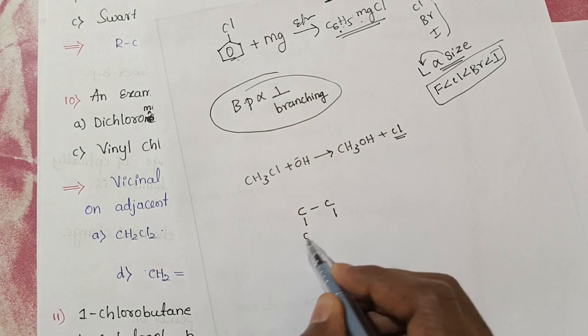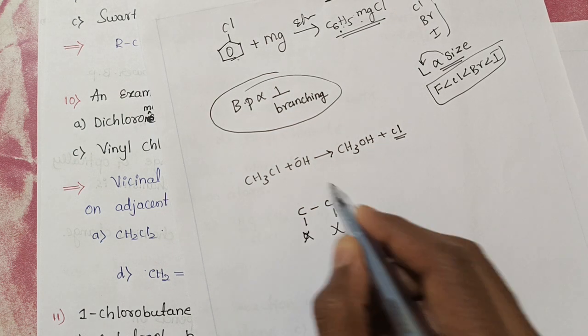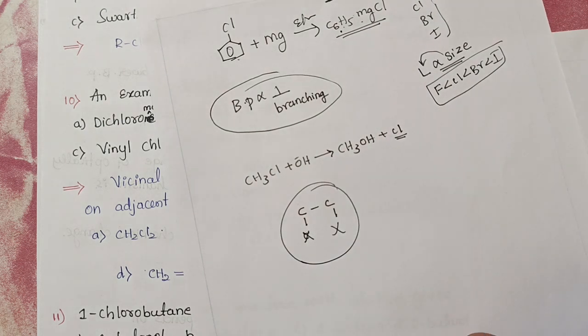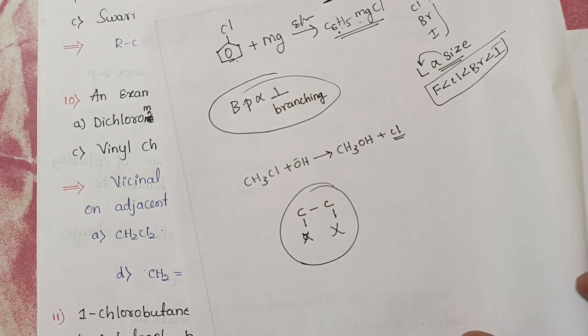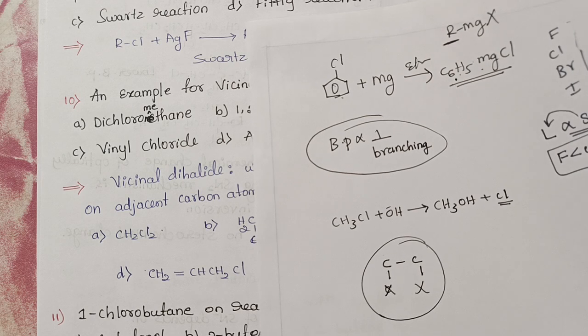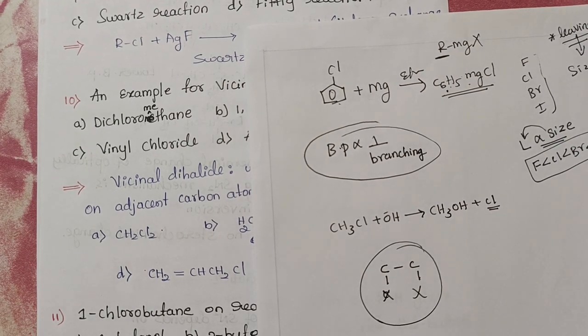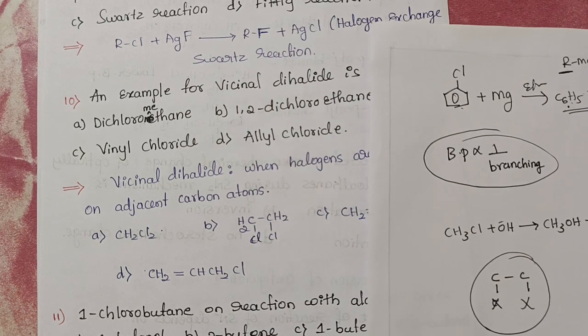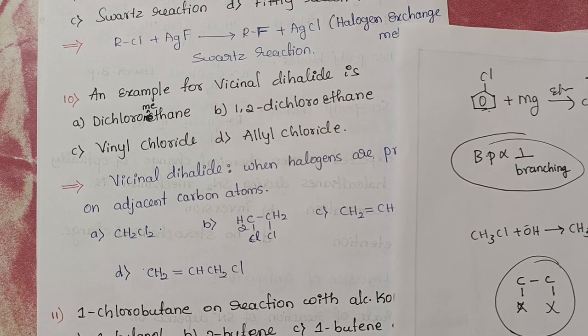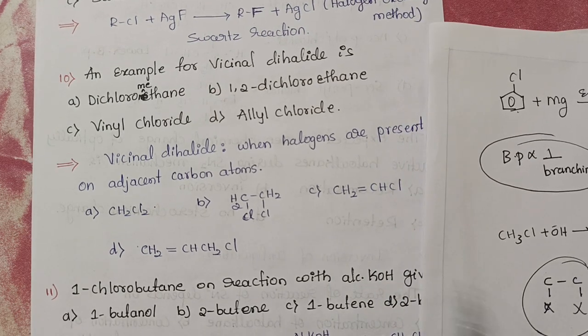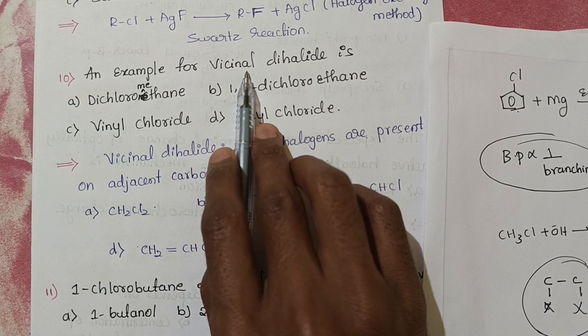If these two carbon atoms have any type of halogens, these are called vicinal dihalide. So what is geminal dihalide? Both the halogens are attached to the same carbon atom, that type of halides are called geminal halide. Clear? Okay. So here they ask about the vicinal dihalide.